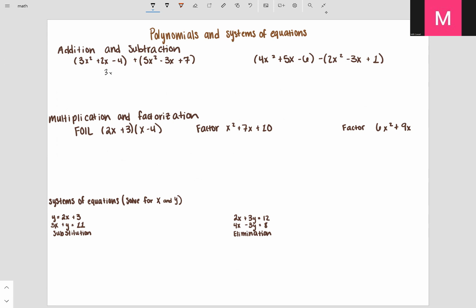So we'll say 3x squared plus 2x minus 4 plus 5x squared minus 3x plus 7. That will be 8x squared minus x plus 3. 4x squared plus 5x minus 6 minus 2x squared minus 3x plus 1.